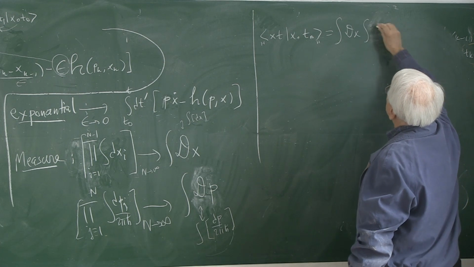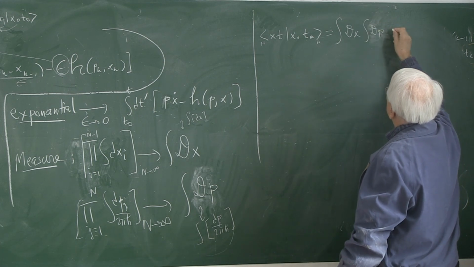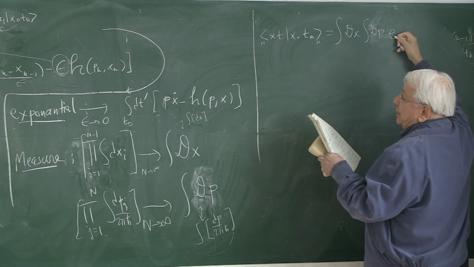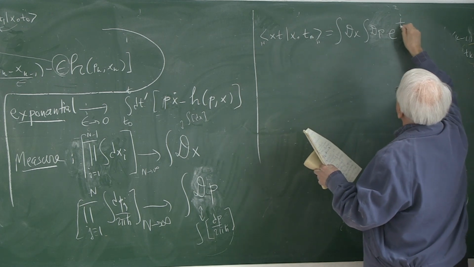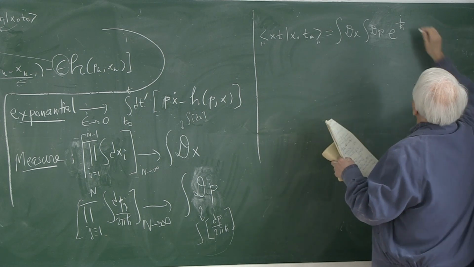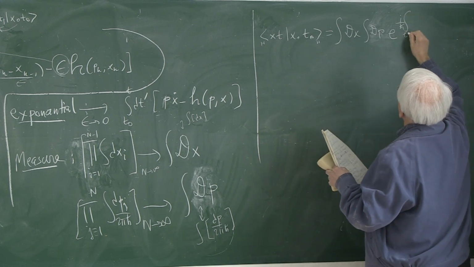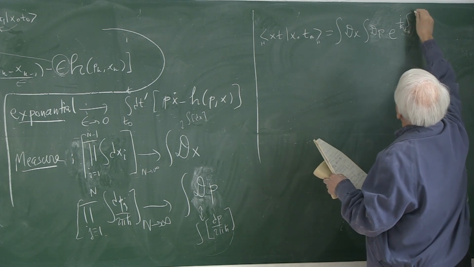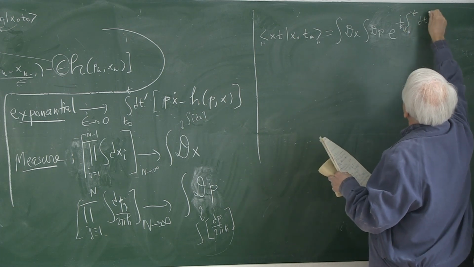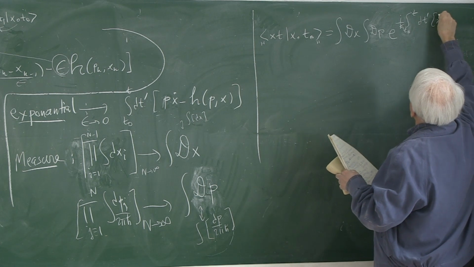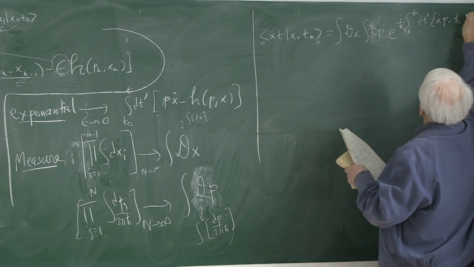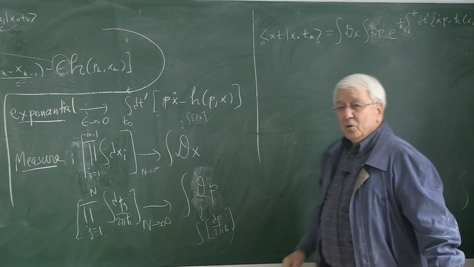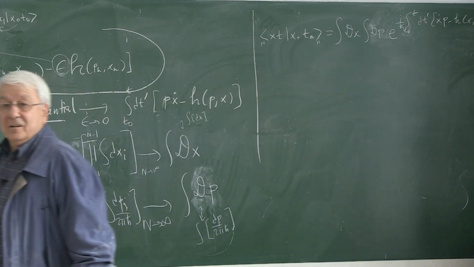So to make it a clean notation now, that's Dp times e to the i over h bar integral from t_0 to t dt prime, x dot p minus H(x, p), is the answer. Looks very simple, isn't it?